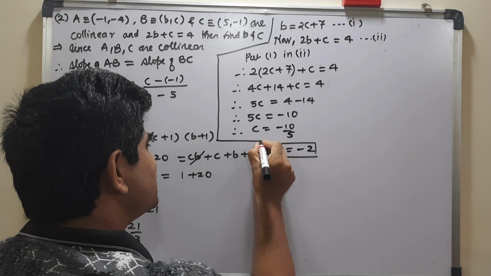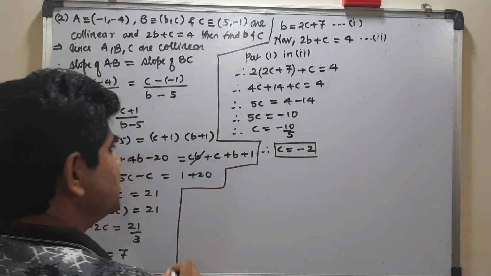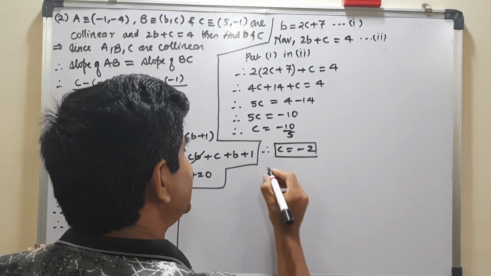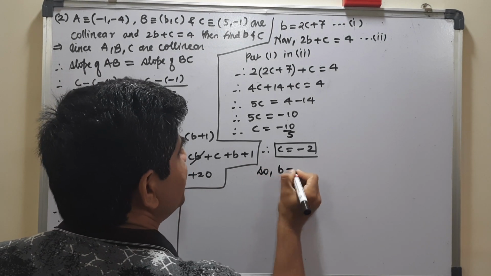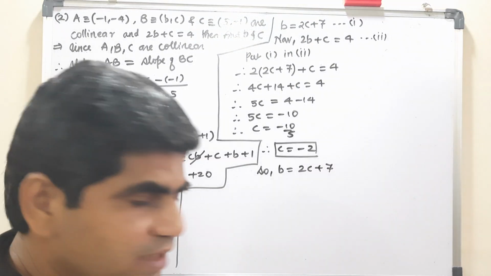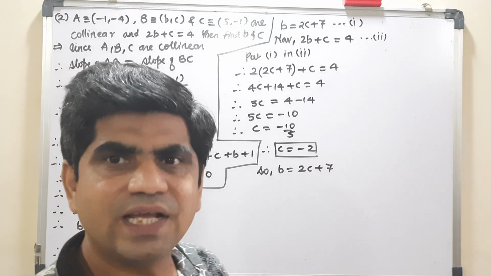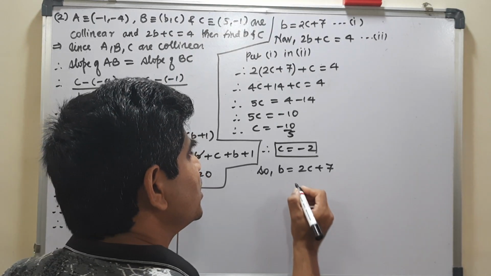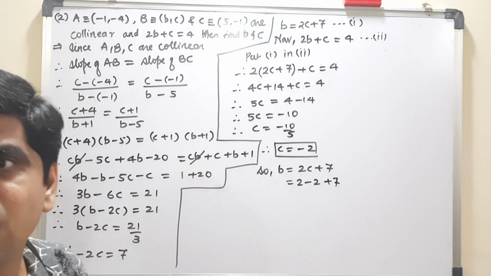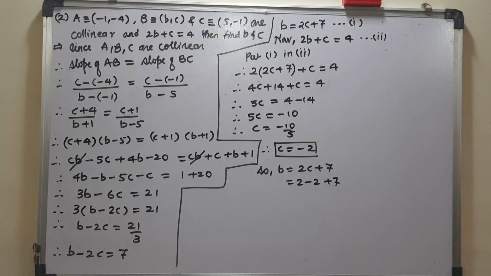Once you get the value of C, put it where you want to find B. So now B is already known as 2C plus 7. Wherever C is there, I will write minus 2. If I write like this, it will represent 2 minus 2 plus 7, whereas actually it is multiplication.